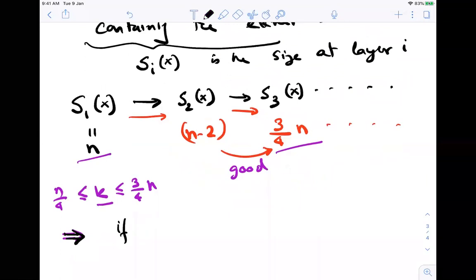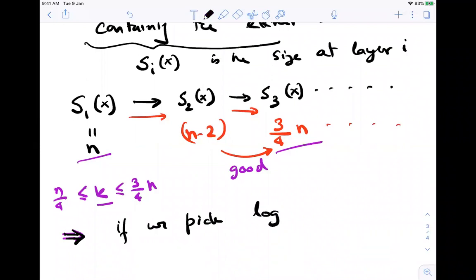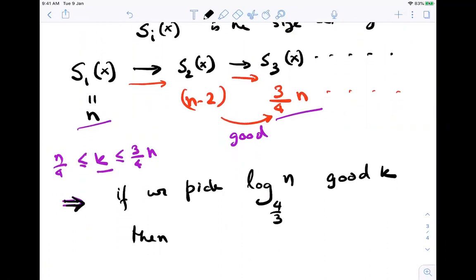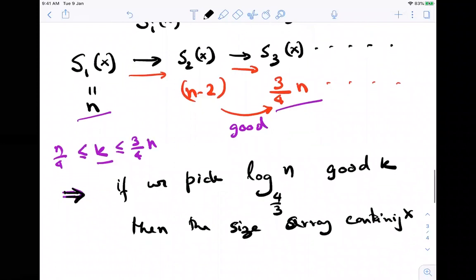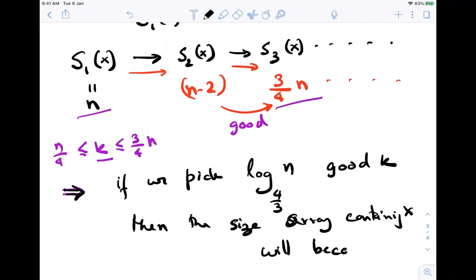If we pick log of n base 4 by 3 good K, then the size of the array containing x will become 1 and will stop.